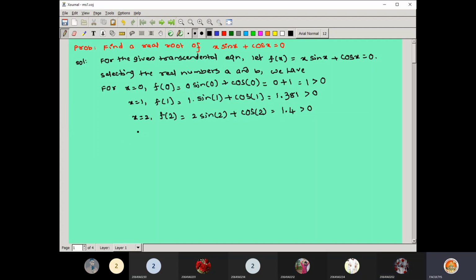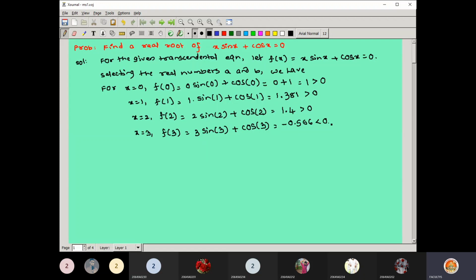Go for the next value, x equal to 3: f of 3 is 3 sin 3 plus cos 3. The answer is minus 0.566, which is less than 0.